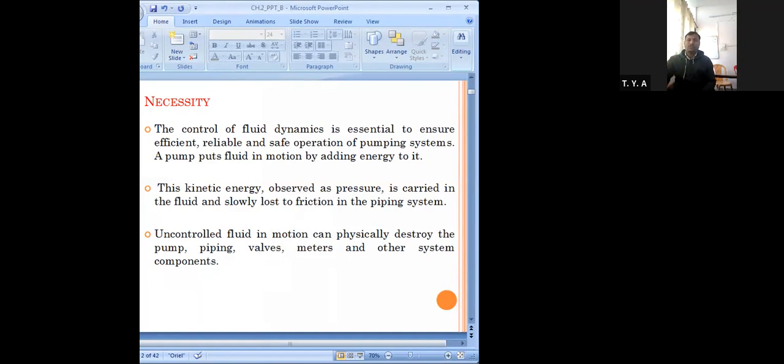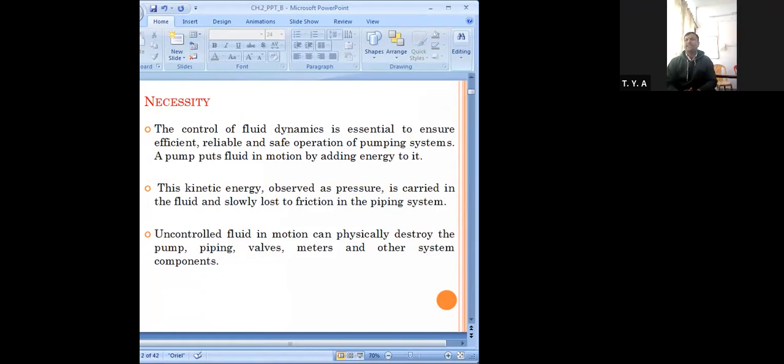But to direct and regulate the pressure and the flow of the fluid coming from the pump to the actuator, all hydraulic systems as well as pneumatic systems require a controlling unit, and that controlling unit is called a control valve.